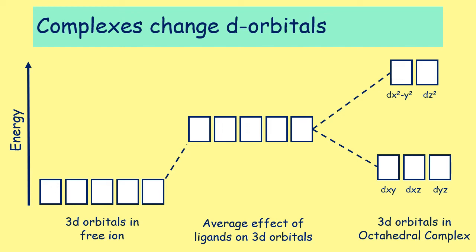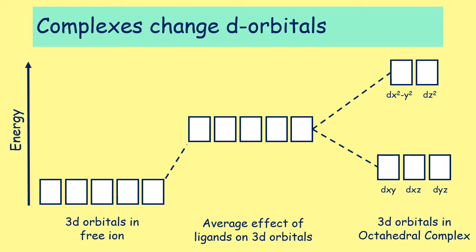That's your x-shaped one, or cross-shaped one, points on the x and y axis. And then that weird orbital, the one that's a peanut with a donut around the middle, it points along the z-axis. Now, when a transition metal complex forms, the ligands are located on the x, y, and z axis.